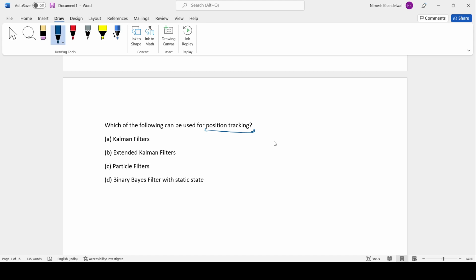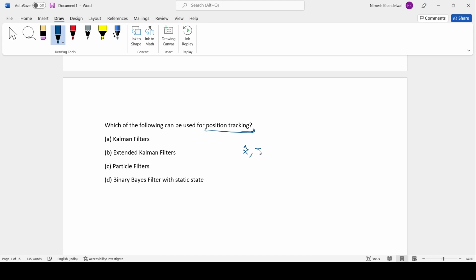If you remember the week in which you learned about Kalman filters, EKF, particle filter, and so on, there we used the Kalman filter for state tracking.